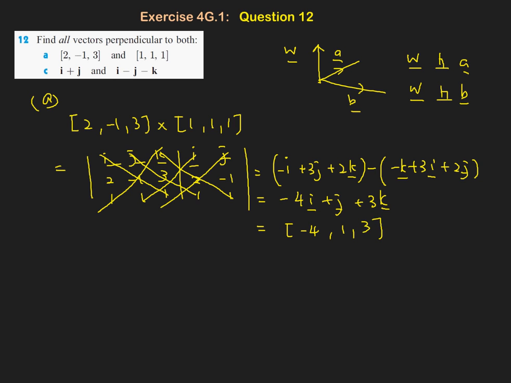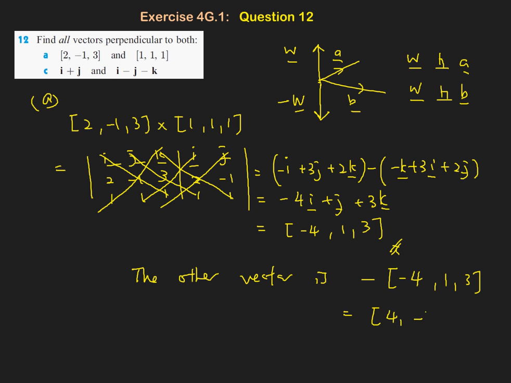However, recall that there is another vector which is also perpendicular but is going in the opposite direction. That other vector is the negative of W. Although this is indeed one of the vectors that is perpendicular to both of these vectors, there is another one, and that vector is the negative of your answer, or in other words 4, negative 1, negative 3.